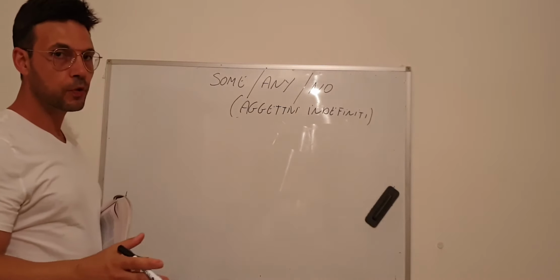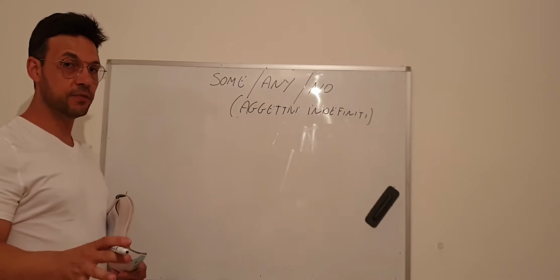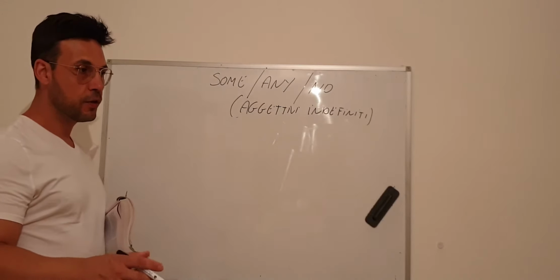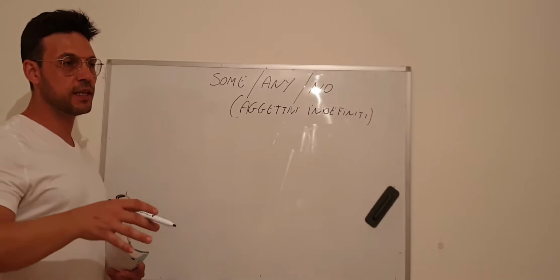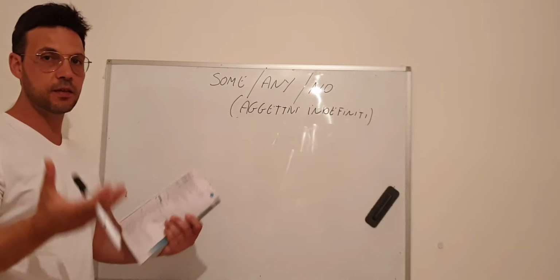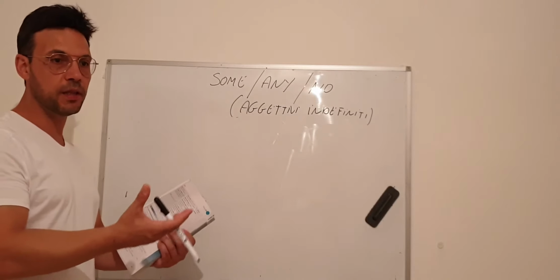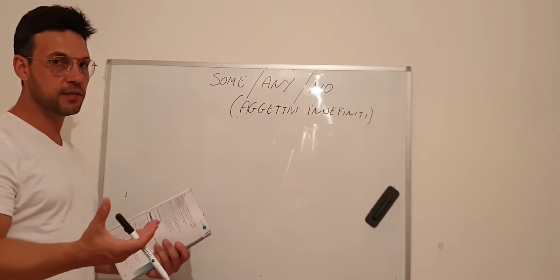Instead, no. Okay? We can use no in affirmatives. In other words, it's like using any but in an affirmative sense. But you can't use any, so we can use no, but they have the same meaning as any. Quindi ha lo stesso significato di any, but any we use in negative.